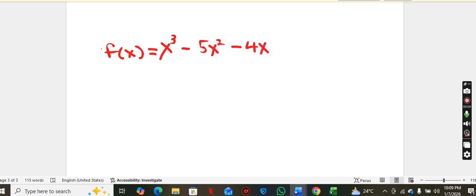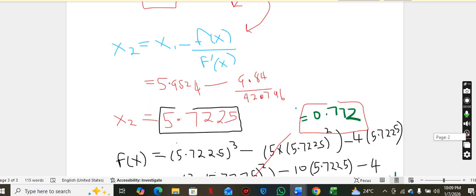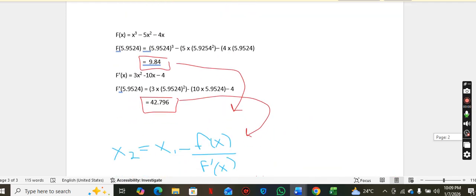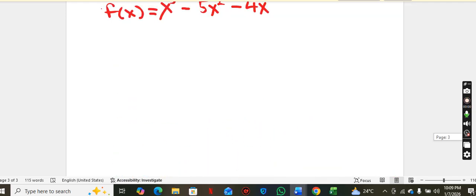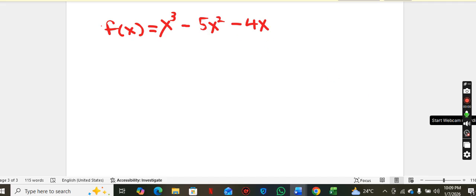Let's see if I've got it correctly. Okay. So you solve this equation, and you're going to say equals 0.